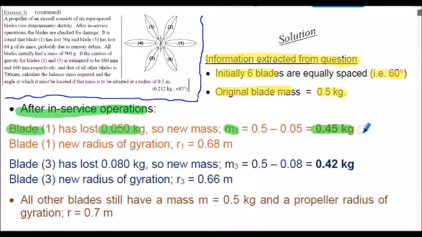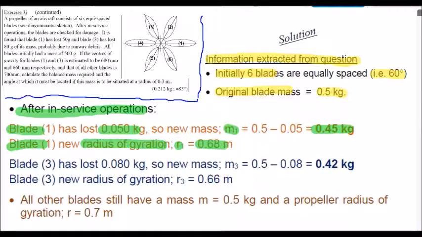That's the mass of blade 1. We're given in the question its radius. So blade 1 radius, we just call it radius of gyration, just think of it as the radius. R1 I've called it, is 0.68 meters. So they gave us 680 millimeters in the question. I'm converting that to meters. So that's the new information for blade 1, all right, that got damaged.